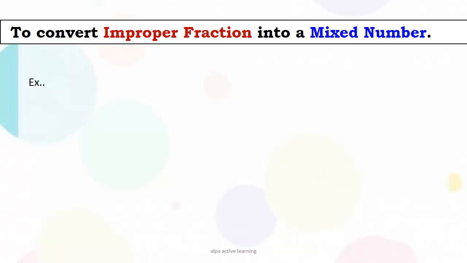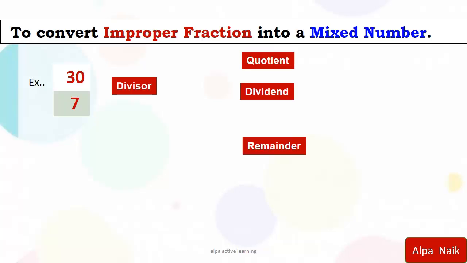Now, how to convert improper fraction into a mixed number? So let's take an example. We have 30/7. It's an improper fraction. Why? Because numerator is bigger. When I say 30/7, I can also say 30 is divided by 7.